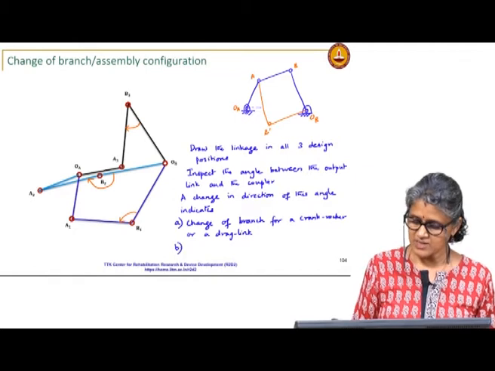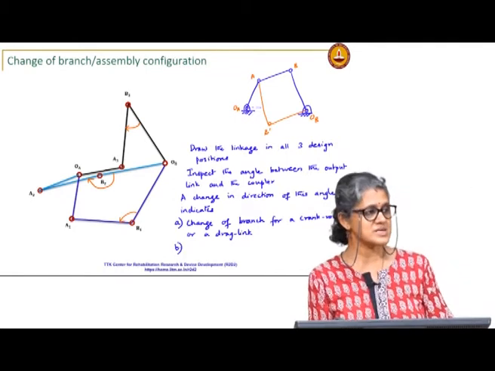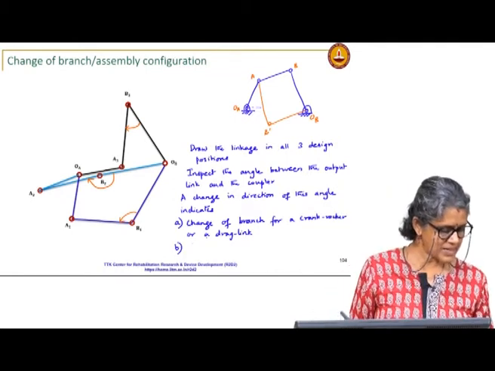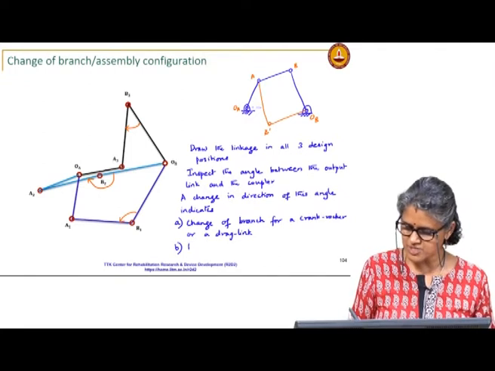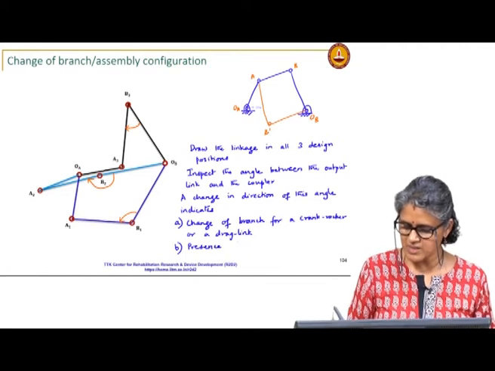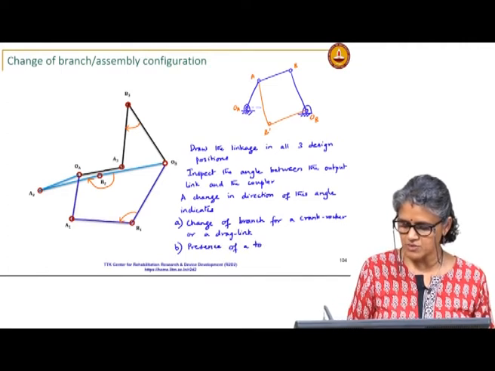If it is a Grashof 2, if it is a triple rocker, then it indicates that there is a drive failure, that is there is a toggle position. It means there is probably a toggle position between the two.